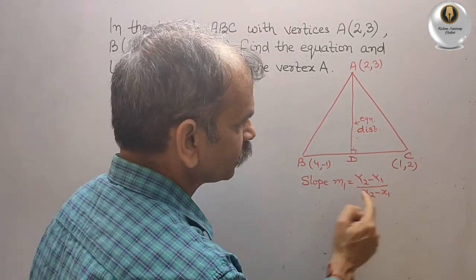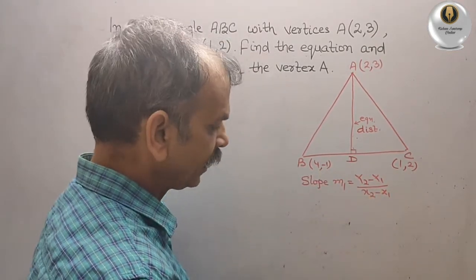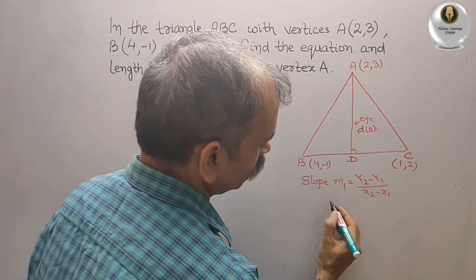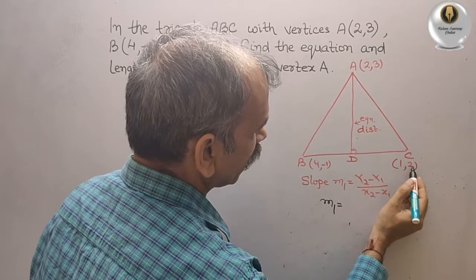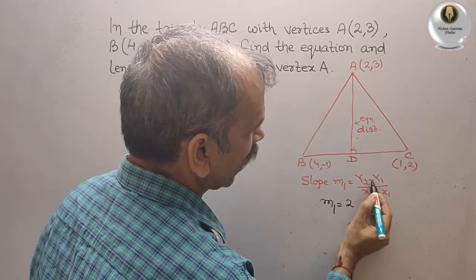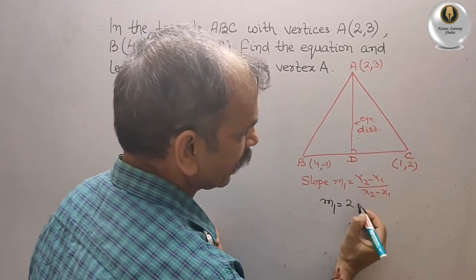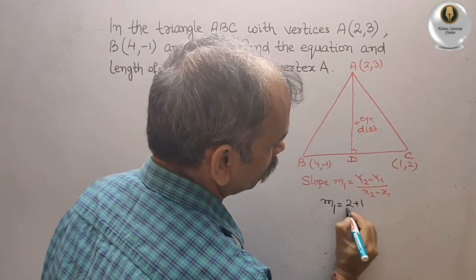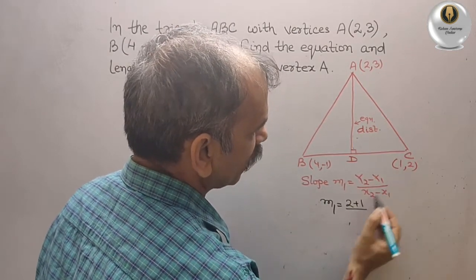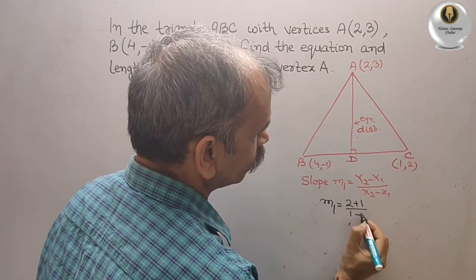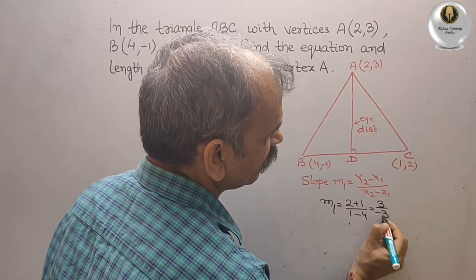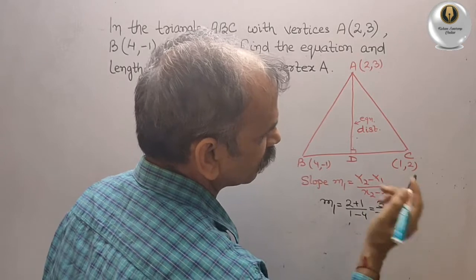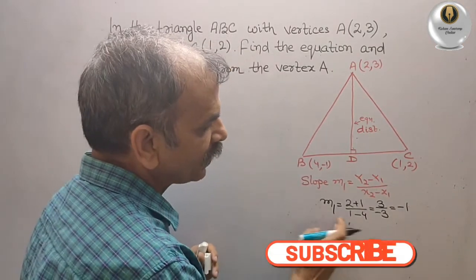Substitute these two values here. We will get M1 is equal to Y2, that means 2 minus of -1, that is +1, by X2 is 1 minus 4, is equal to 3 by -3, that is equal to -1. So M1 is -1.